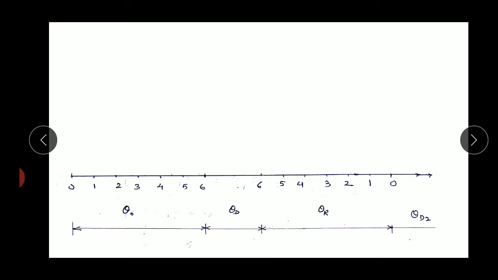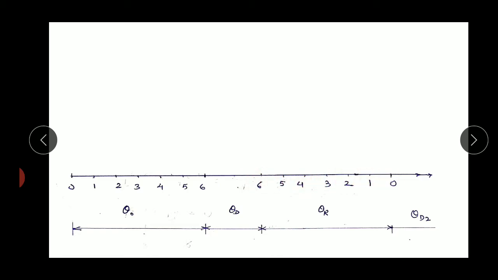So you have to choose a suitable scale. For example, the angle turned during outstroke is 90 degrees, dwell is 30 degrees, and the angle turned during return stroke may be 100 degrees. You plot the angle turned on the x-axis: first outstroke, then dwell, then return stroke.